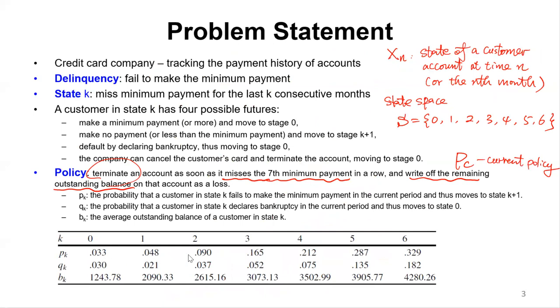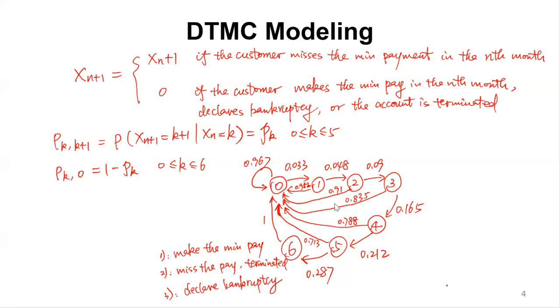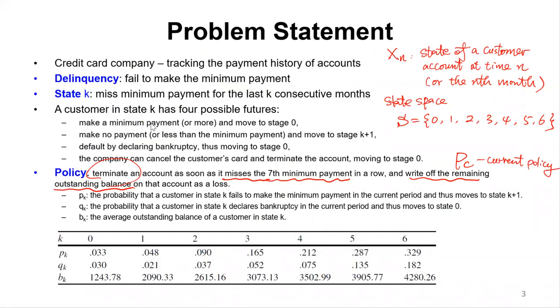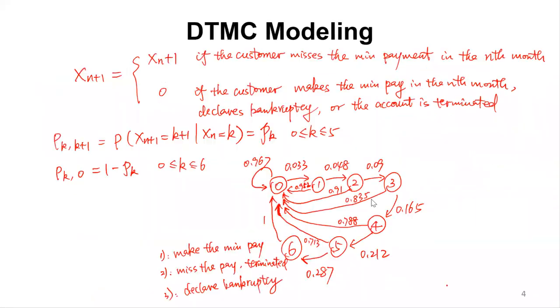We have P_K from K to K plus 1, and then 1 minus P_K goes to 0. Hopefully at this point we are clear about the transition probability and also the probability to go back to 0 under these 3 conditions: make the minimum payment, bankruptcy, or terminate.